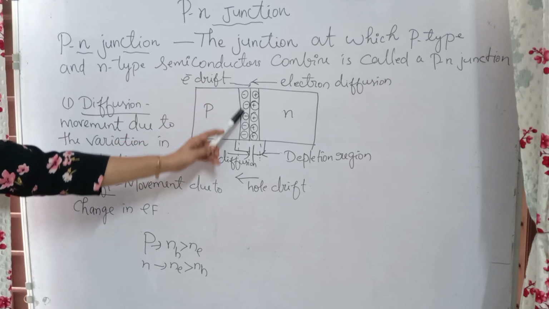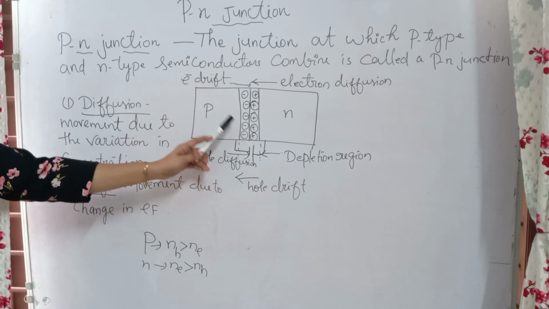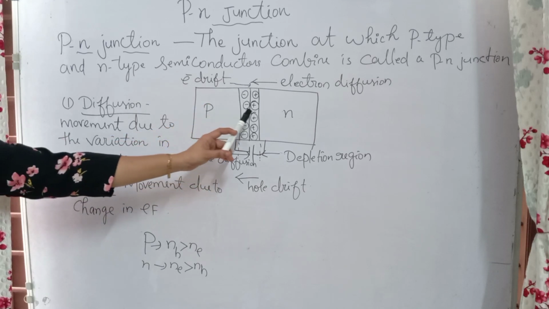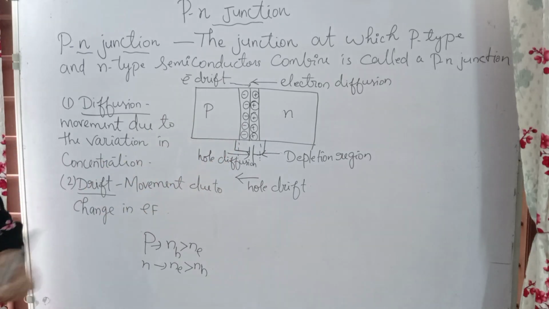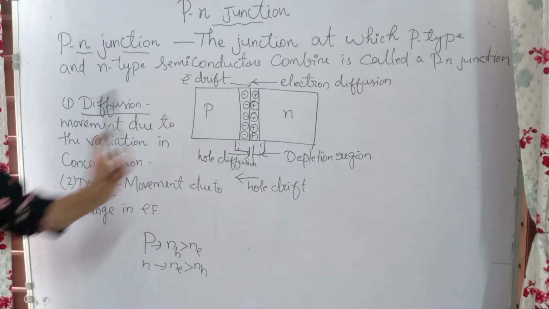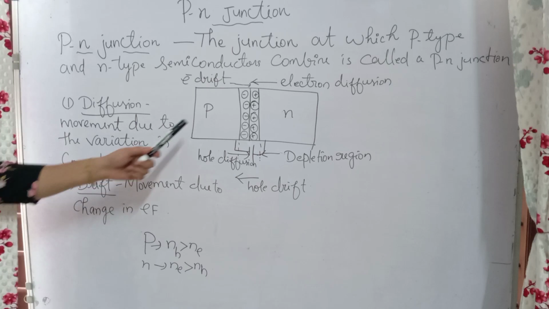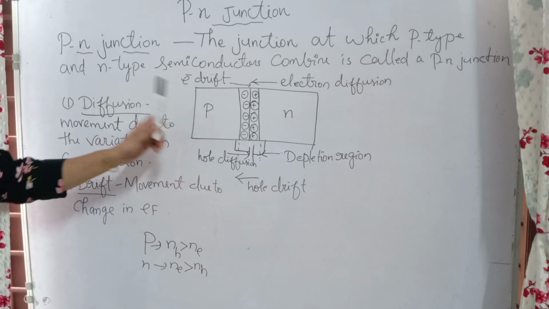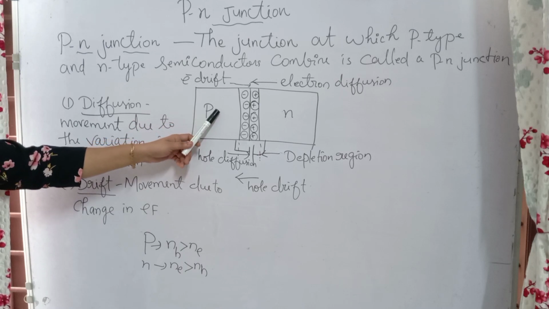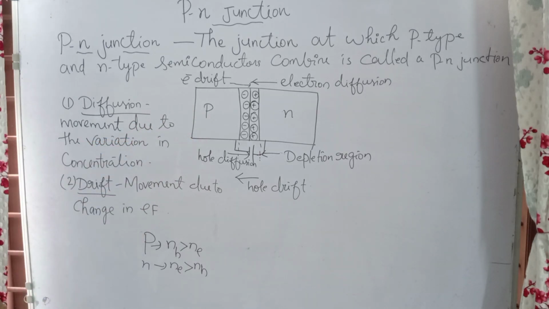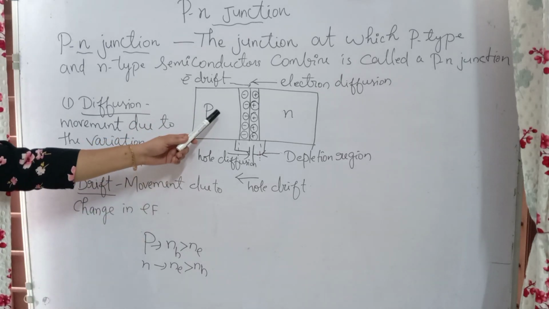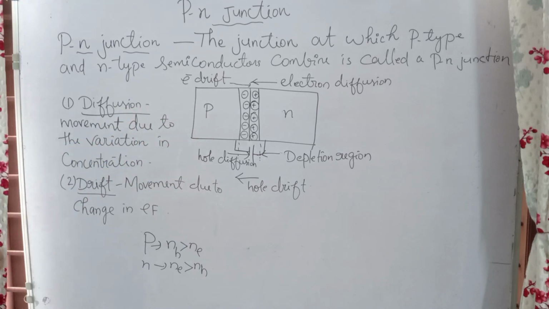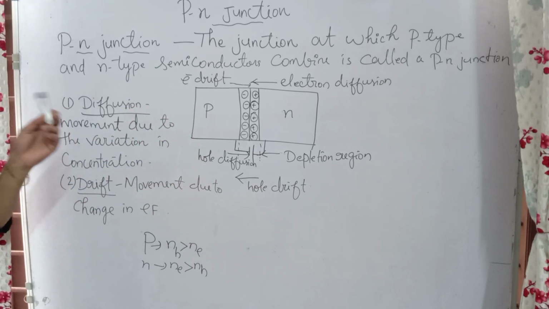Okay, so these ions will be formed here, because this is a positive charge and it will have a tendency to move to the negative side, right? So here a layer is formed like this. And in the p region, what will happen? We know that in p-type material, a trivalent impurity is added to get the p-type material. So suppose it is boron.